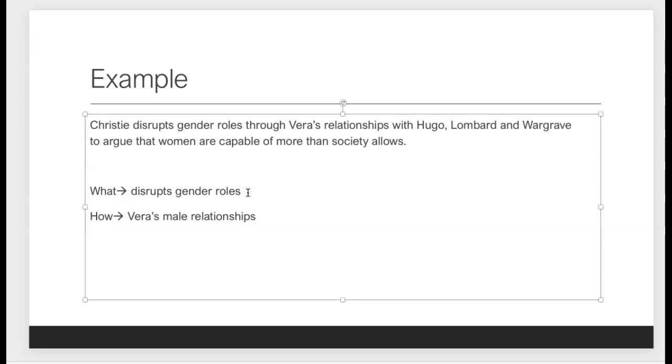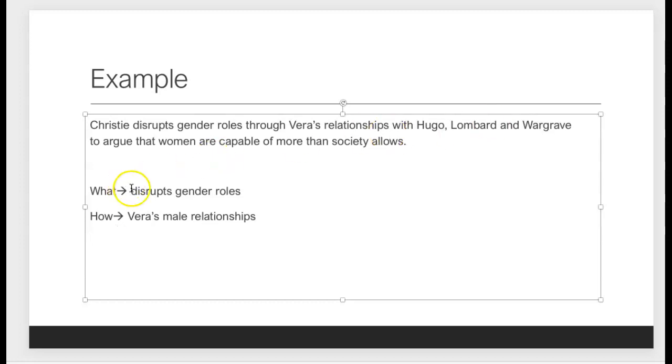Vera's various male relationships, right? Because she has relationships with each of these men, and each of them are different. But each of them kind of underestimate or overestimate her. And Wargrave, he definitely manipulates her in a way that reveals who she is.